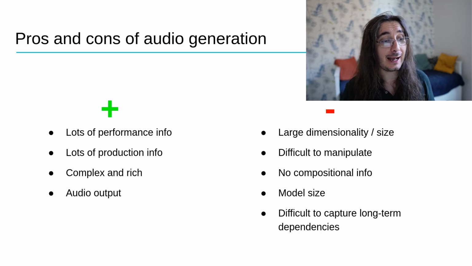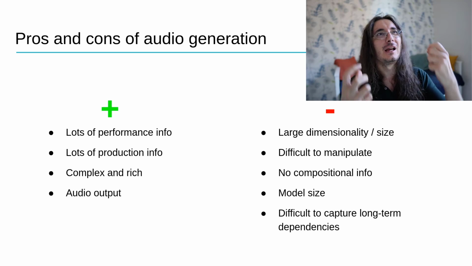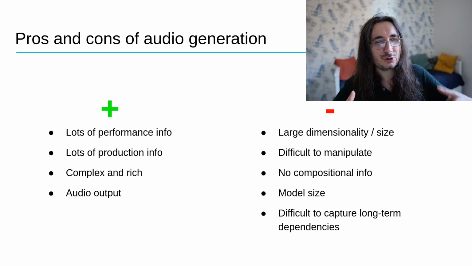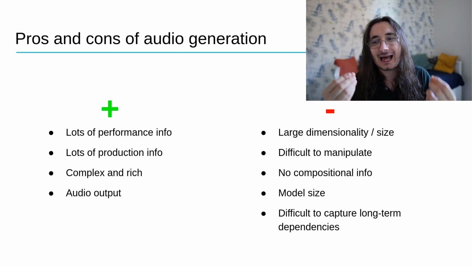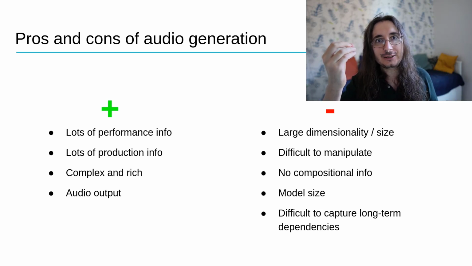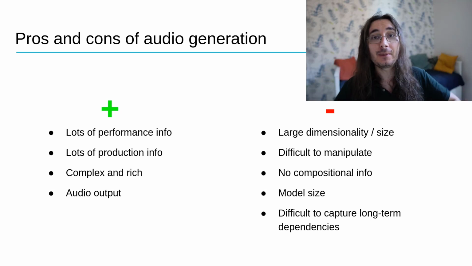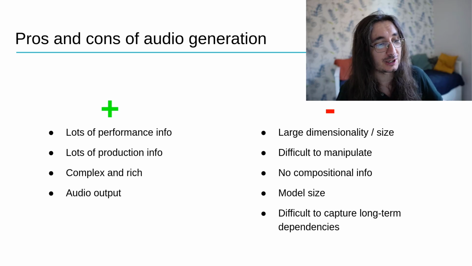Also, another issue is that this type of representation is difficult to manipulate because the representation is not clear and precise, because you really don't have symbols, you don't have entities that you can map onto things that make sense from a compositional standpoint.